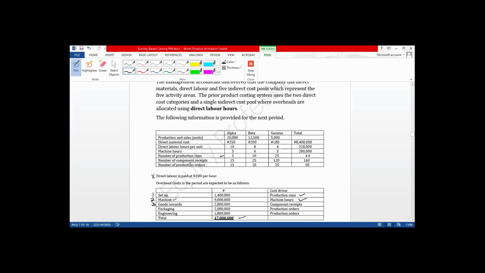You now come here, look at the component receipts. 15 for Alpha, 25 for Beta, 120 for Gamma. If you sum up 15 plus 25, 40. 40 plus 120, 160.